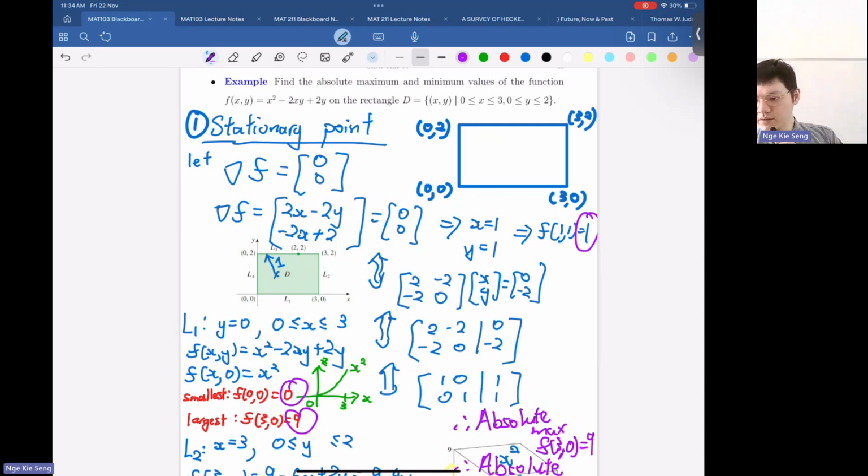X squared minus 2xy plus 2y. So let's find the x, y, z axis. So like this. Okay, so there are 2 minimum points, which are 0, 0 and 2, 2. Is there any contradiction or not? Absolute minimum. You can see that actually there are lower values, right? But is there a contradiction to what we found just now?